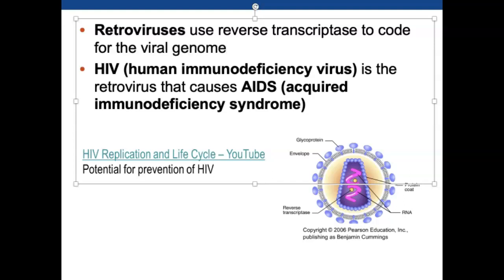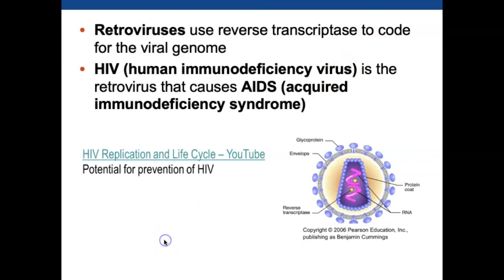All right, so again, it adds a big problem. HIV is a retrovirus that causes AIDS. The AIDS is what destroys your immune system, or when your immune system is destroyed, you have AIDS, and then you get sick from opportunistic infections.